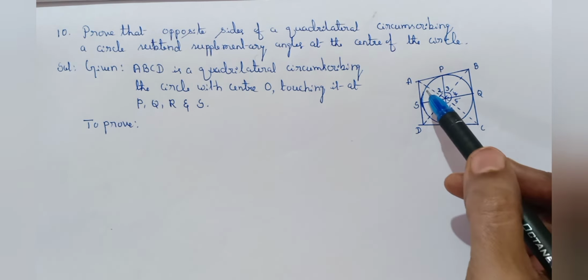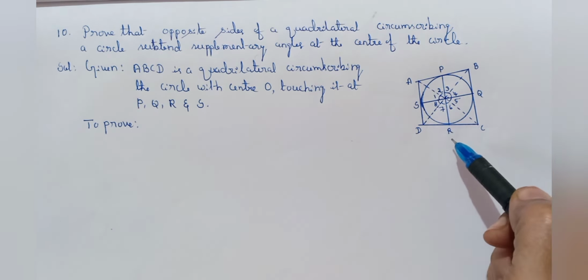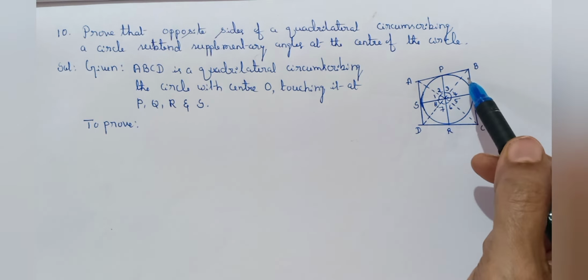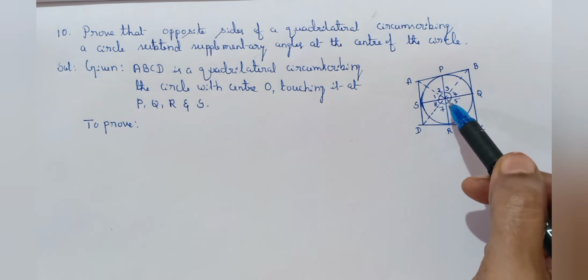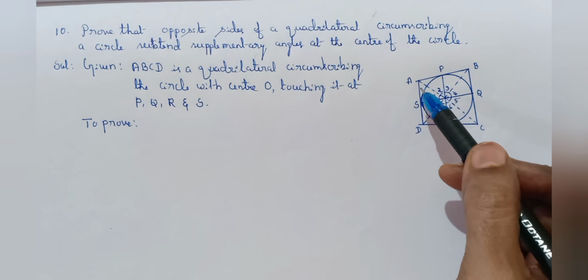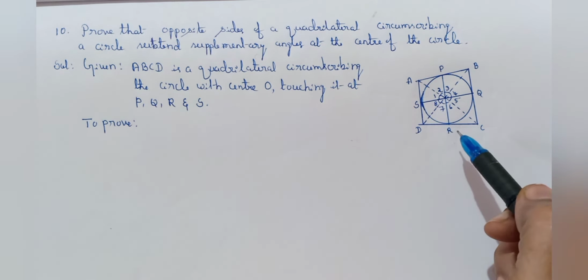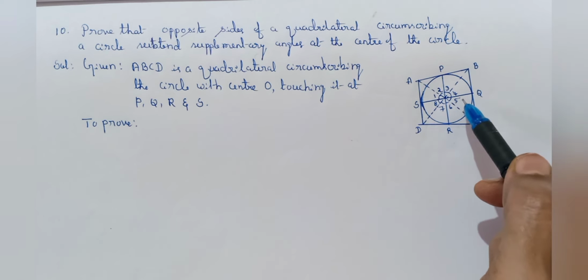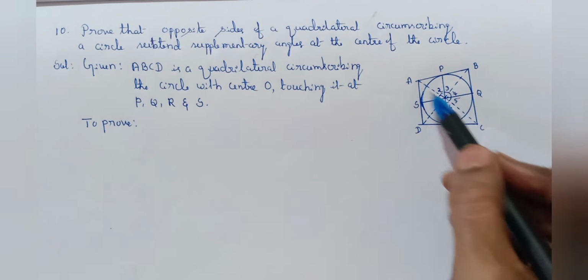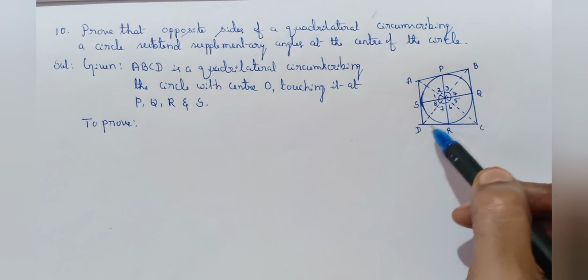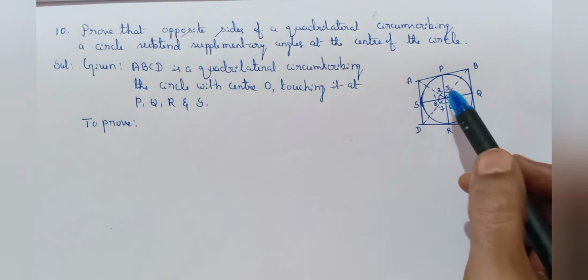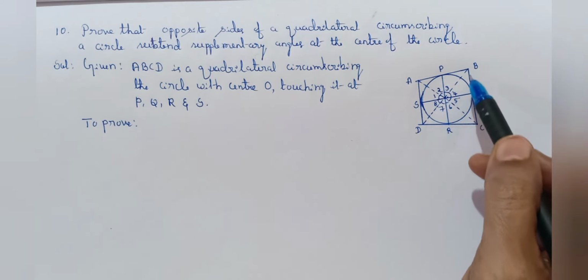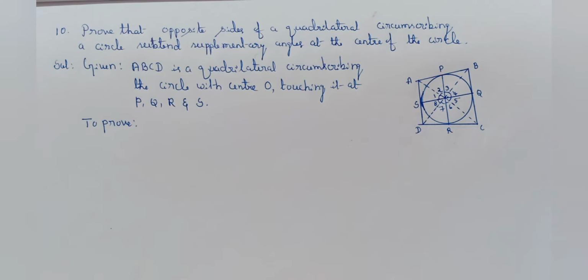Here, the opposite sides AB and CD subtend angle AOB and angle COD at the center, and the opposite sides AD and BC subtend angle AOD and angle BOC at the center. So, you have to prove angle AOB plus angle COD equals 180 degree and angle AOD plus angle BOC is equal to 180 degree.